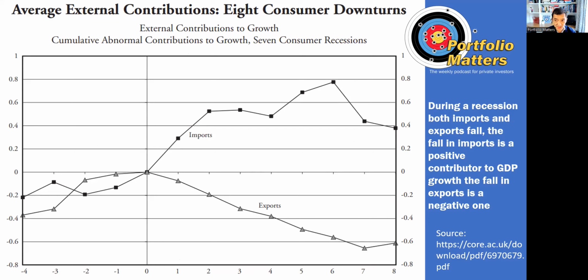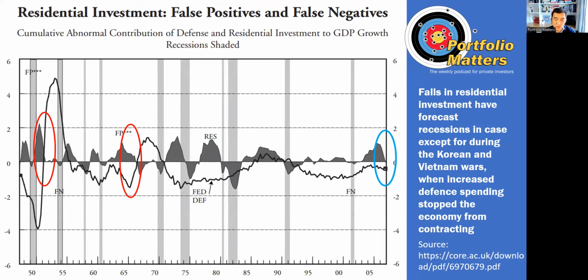So the drop in imports actually is a positive for the economy, while the drop in exports is a negative for the economy. All that suggests that falls in residential investment lead the economy into recessions.